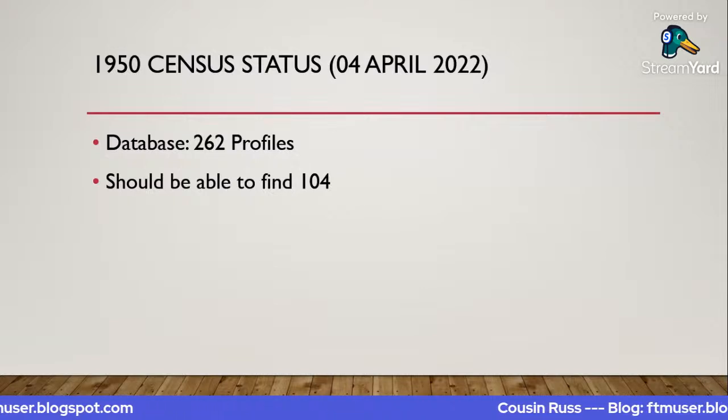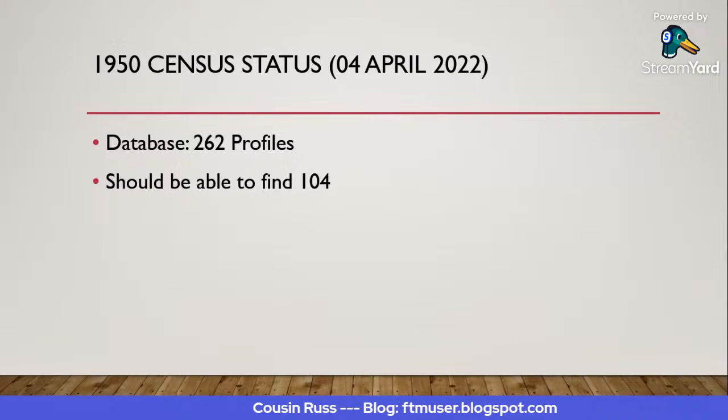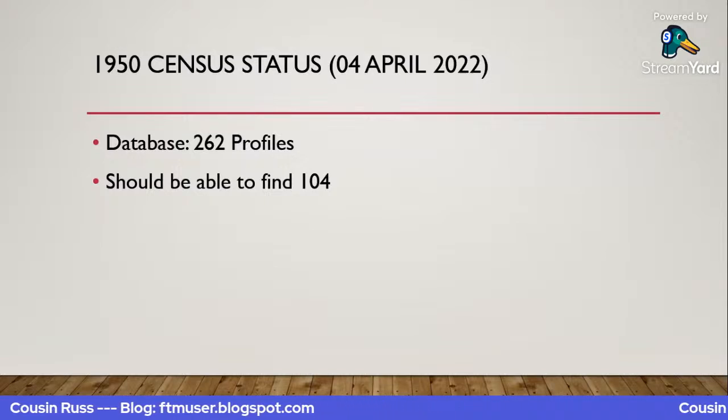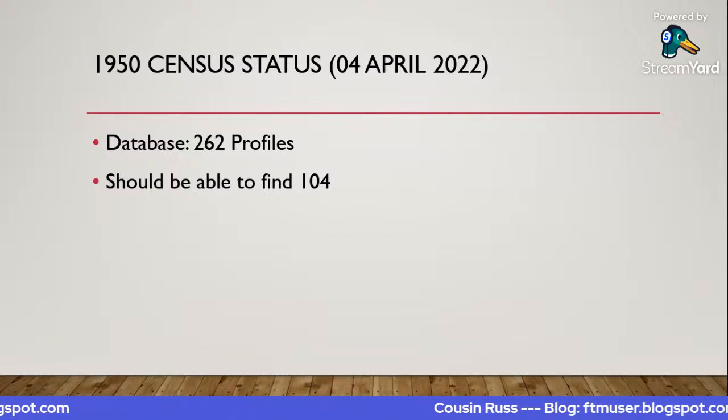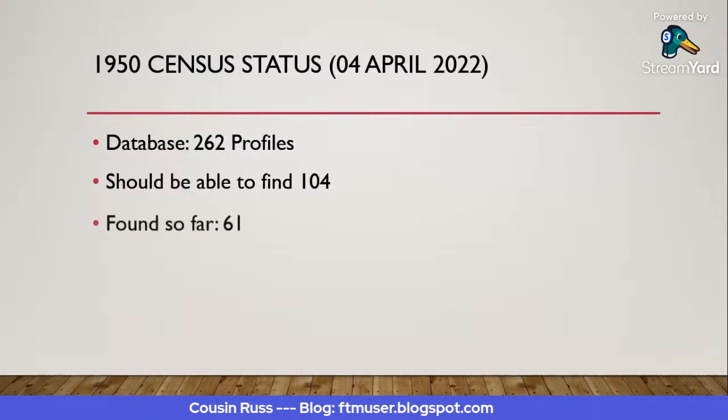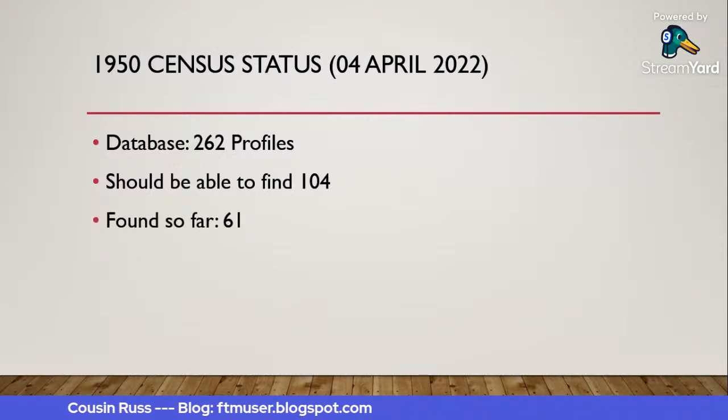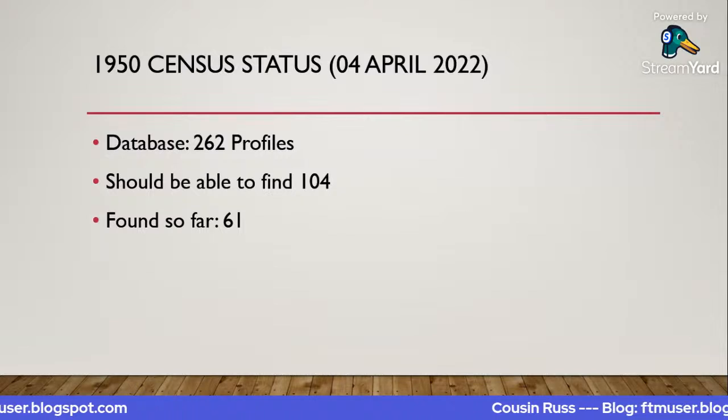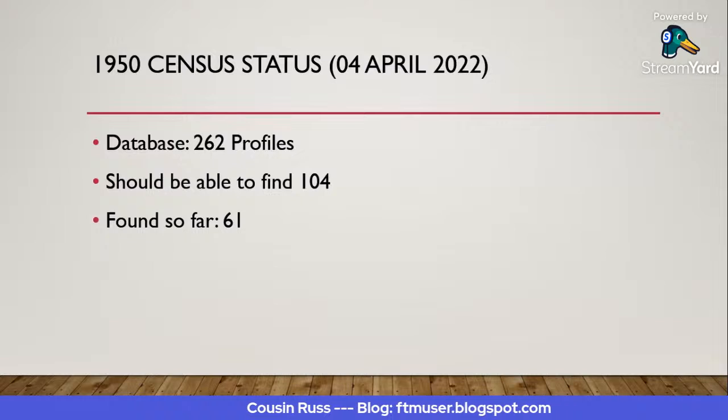I'm missing some data, so that number is higher than what I wanted, but after I complete who I know EDs for, I will tackle that. So far, I have found 61 profiles where they were in 1950, and actually that number is now 62 because I found one while I was waiting.